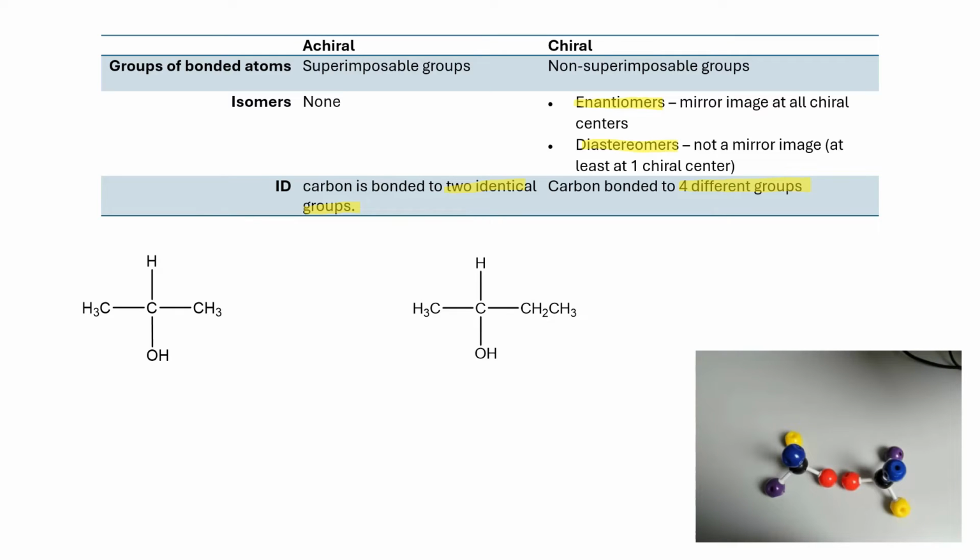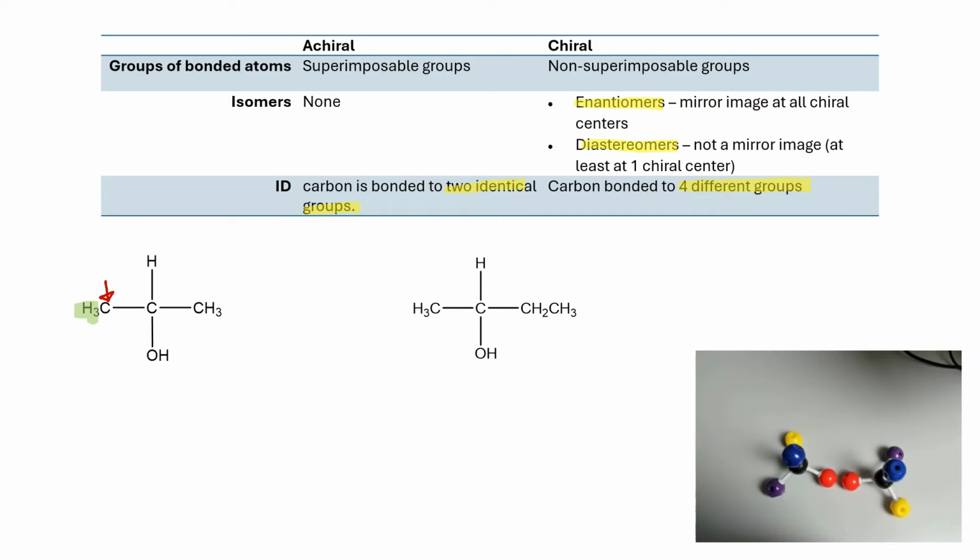What we can do when we're given a structure is look at each individual carbon to identify whether or not that carbon is chiral. Looking at carbon 1 first, I like to use different colors for my different groups because color really is a good association.